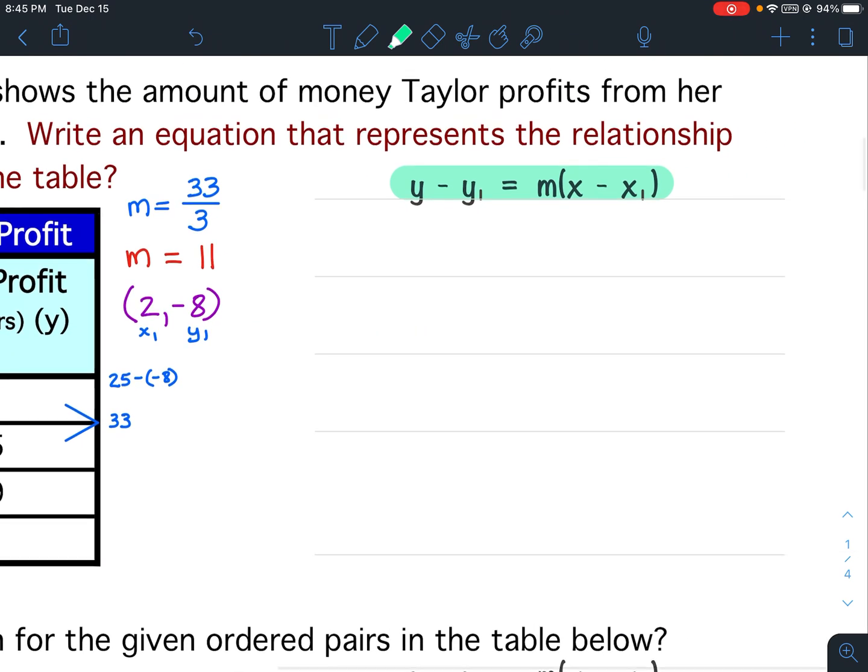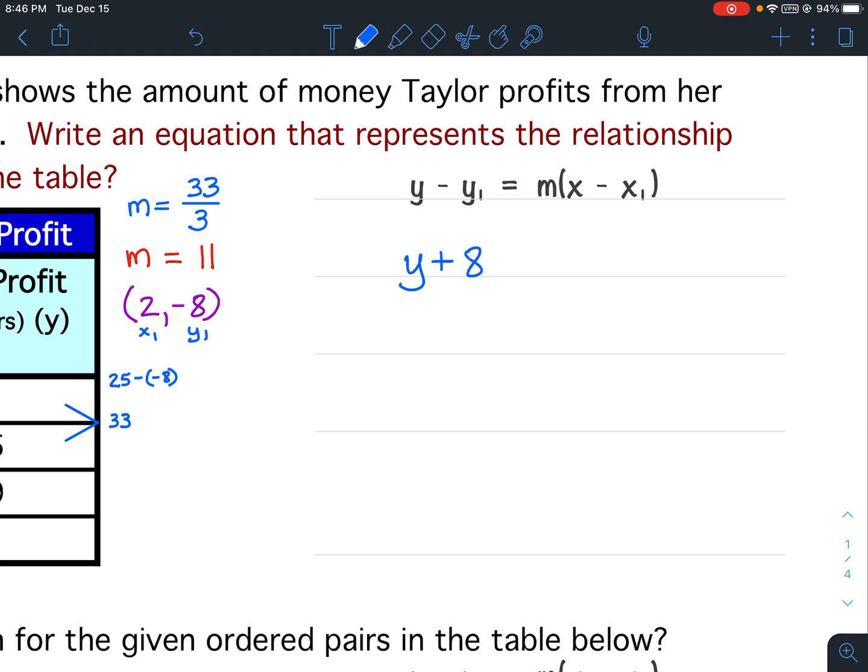Okay, so now I'm going to take this information right here and put it into the equation. All right, so y stays y minus y1. Now, there's two ways that you could do this. You could put minus negative 8, or minus a negative actually becomes positive, so you change it to y plus 8.